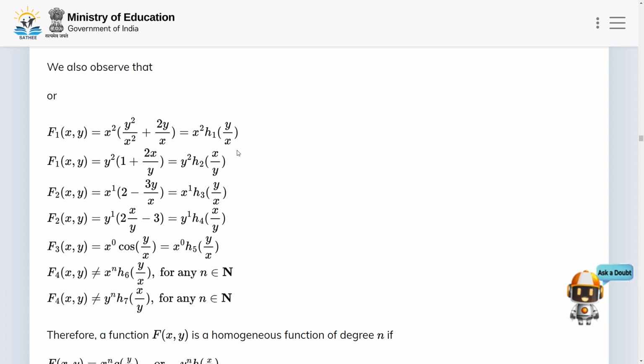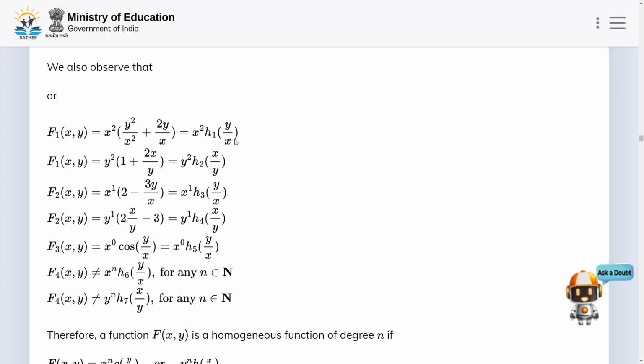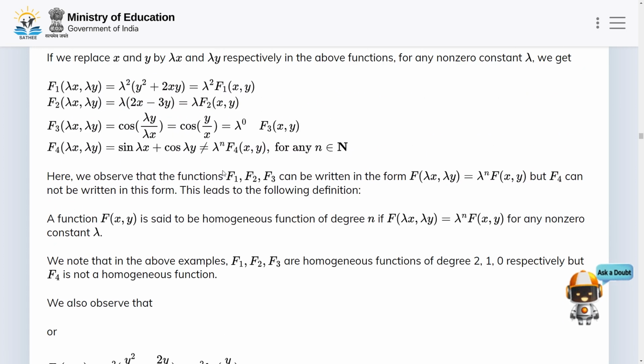This h1 is nothing but a function in terms of y by x. Clear? I hope it is clear to you. Now f1(x, y) = y square times (1 plus 2x by y), which equals y square h2(x by y). You can also rewrite it that way. I hope it is clear.